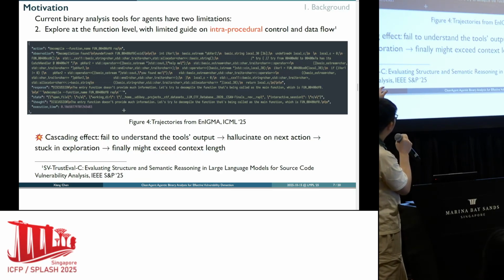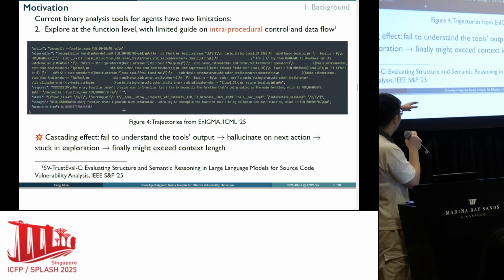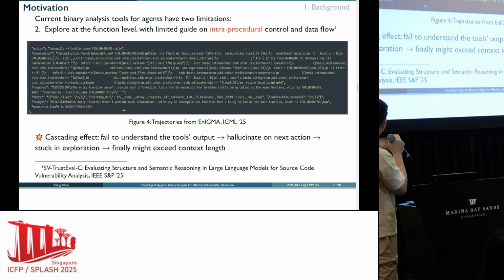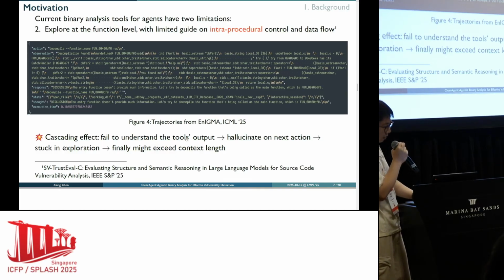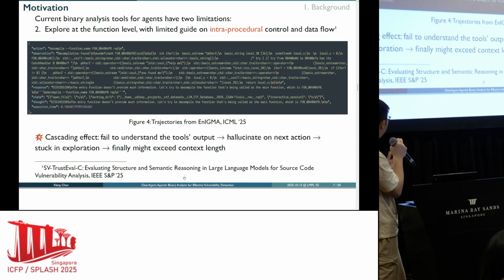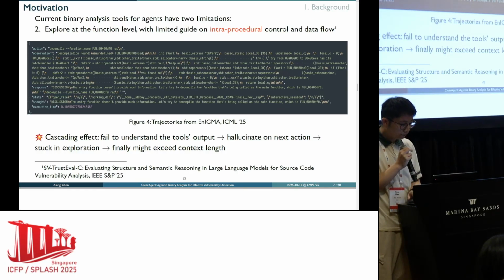Here is a simple example that I fetched from their trajectories. Given the decompiled pseudocode, the LLM just cannot reason about it correctly and just decompiles it again, and that might have a cascading effect, which led it to hallucinate on the next action and finally exceed the context length.